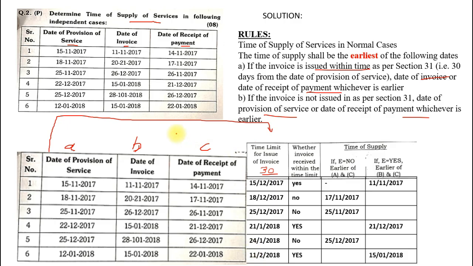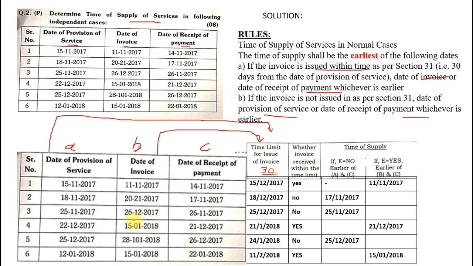Step number 1 is done. Step number 2, now compare your date of invoice with the time limit. If the invoice is on the time limit or before the time limit, we will consider it as yes. If the date of invoice is after the limit, we will consider that as no. Now check.